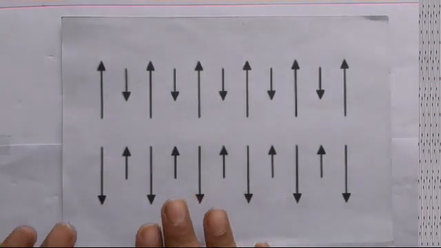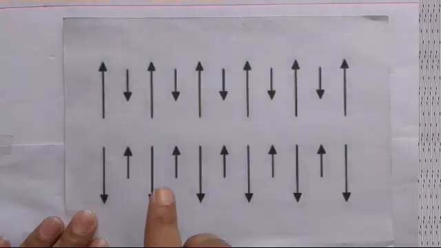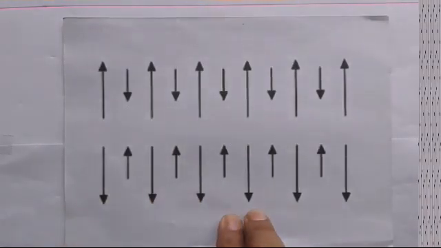So we have these arrangements, but the main point of observation is their sizes. They are not of equal size, so there will be cancellation but not effective cancellation of the effect. The effect will be diluted.